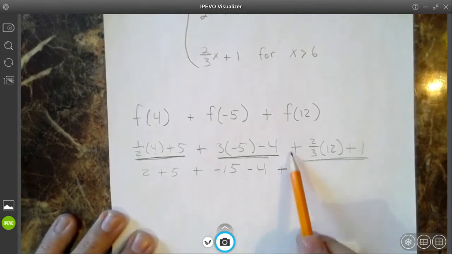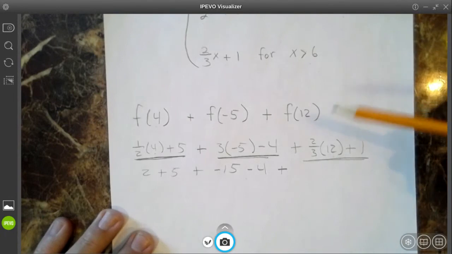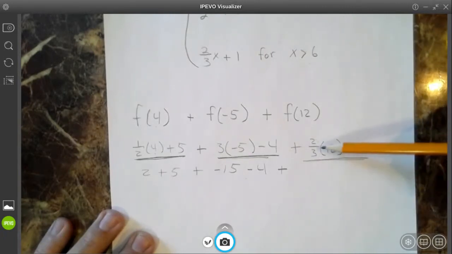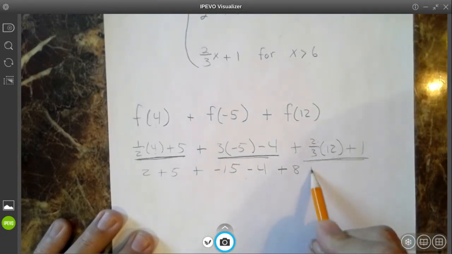Plus 2/3 times 12. What you do is you multiply by the top number and divide by the bottom. So 12 times 2 is 24, and then 24 divided by 3 is 8.